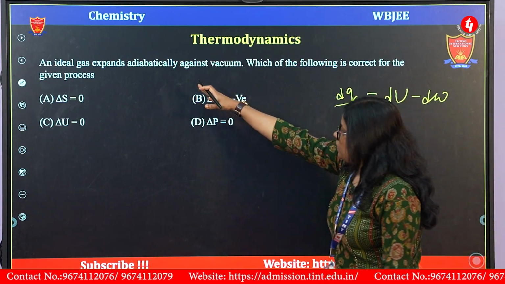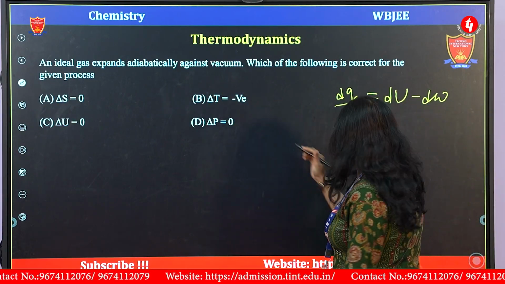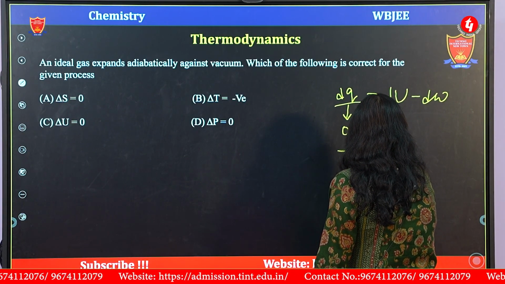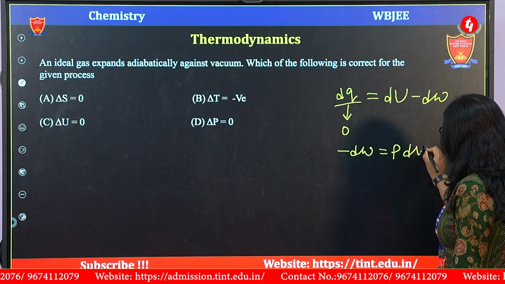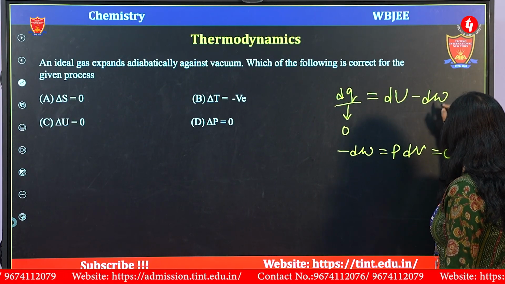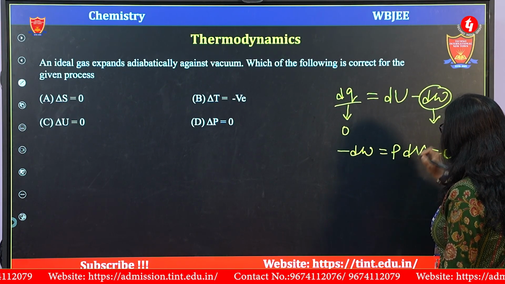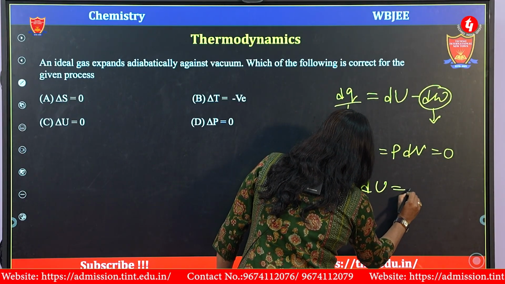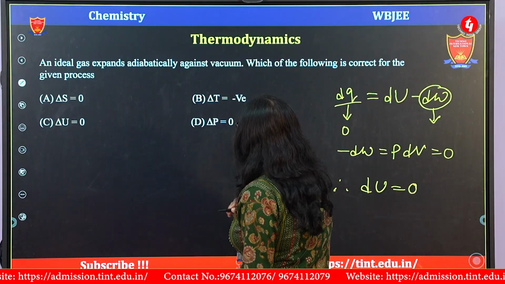Expansion occurs against 0 pressure. So, work done is equal to P dV, which is equal to 0. Therefore, dU, the internal energy change, is also equal to 0.